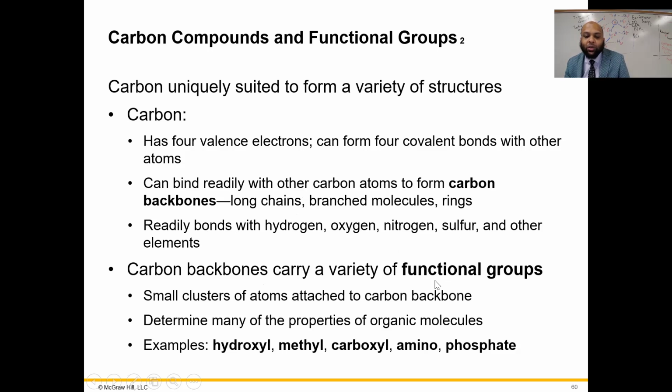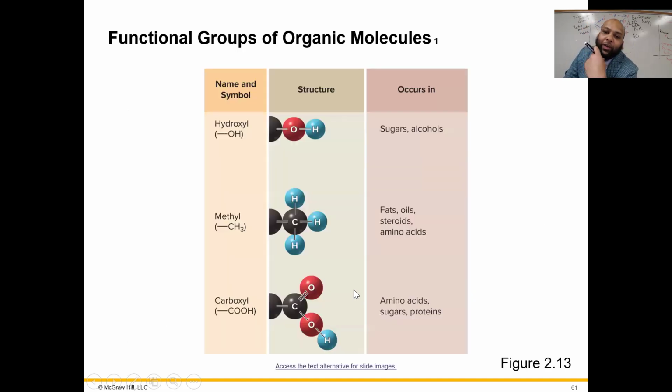These are small clusters of atoms attached to the carbon backbone. They determine many of the properties of the organic molecules. These are the functional groups: hydroxyl, methyl, carboxyl, amino, and the phosphates.